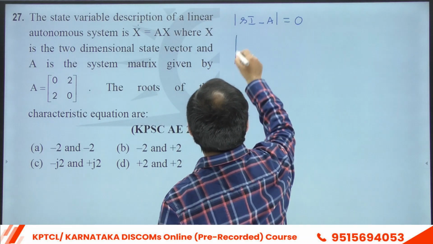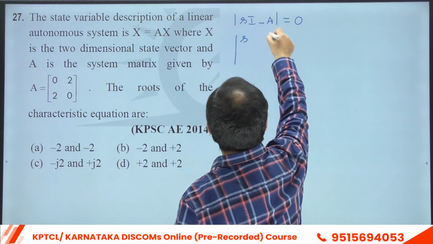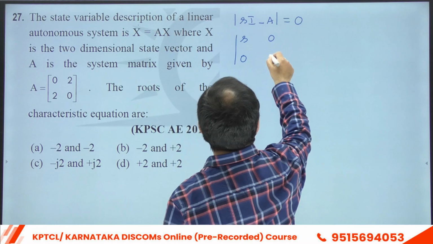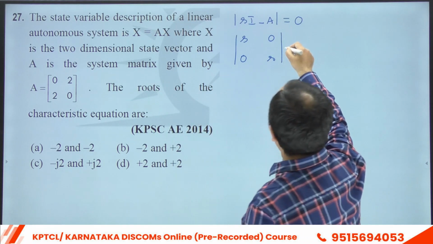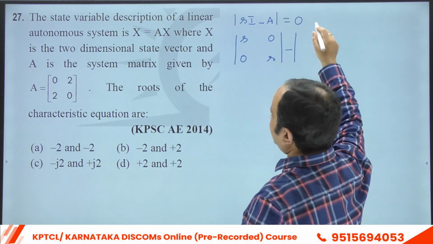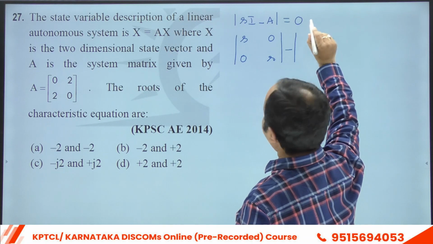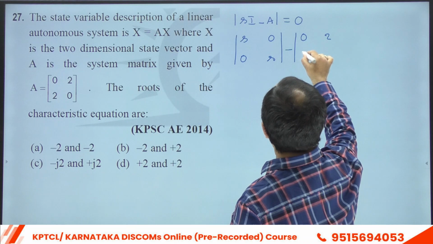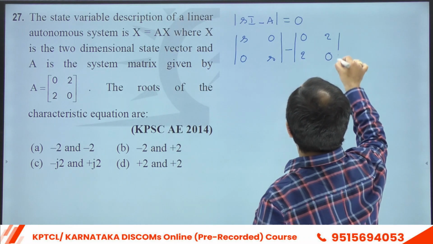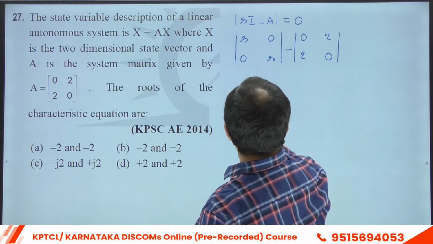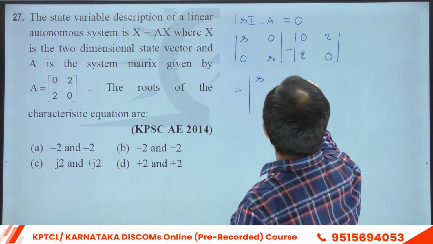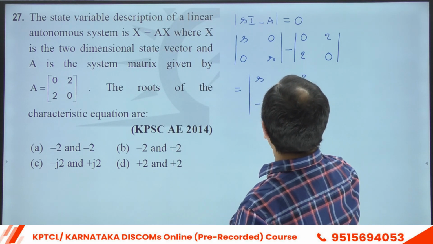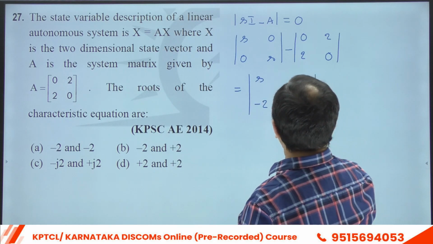So, the sI minus A matrix, [s 0; 0 s], I am sorry, this is a determinant, minus A [0 2; 2 0]. So, it will give you [s -2; -2 s].